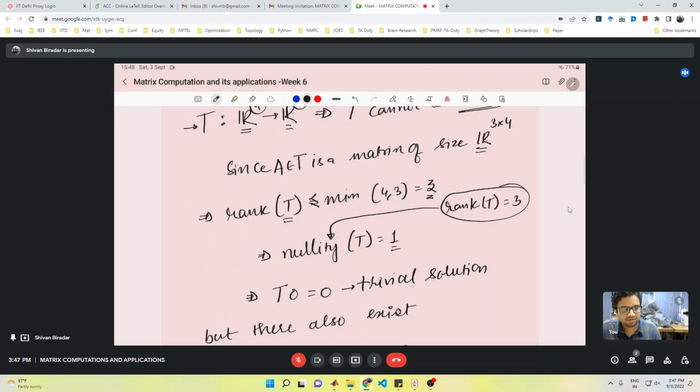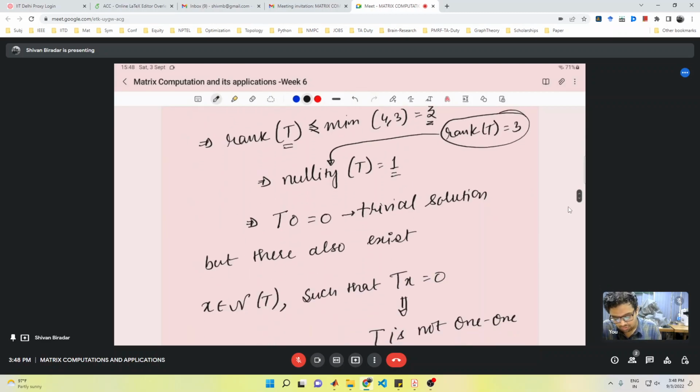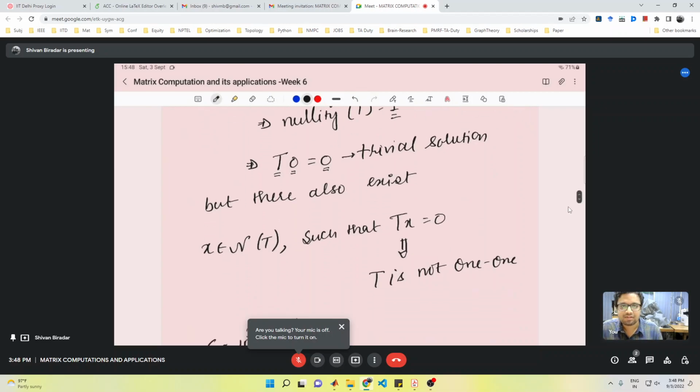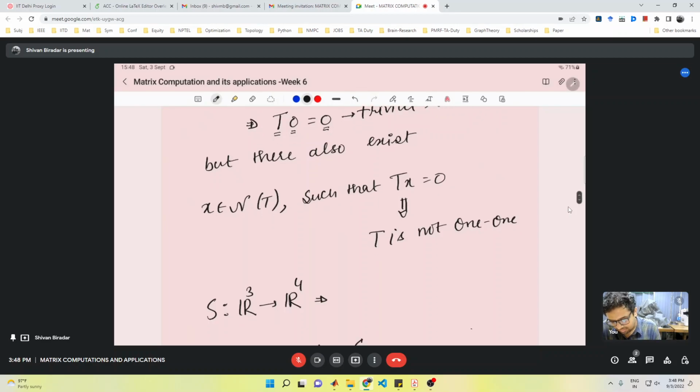This means that the null space is spanned by one basis vector. The transformation T operated on the zero vector would obviously give us the zero vector, which is a trivial solution. But since the null space is spanned by a basis vector, let X belong to the null space of the transformation T, which implies that Tx equals 0.